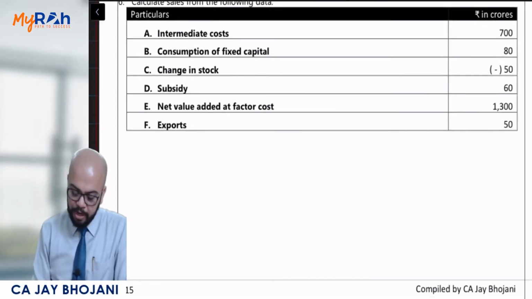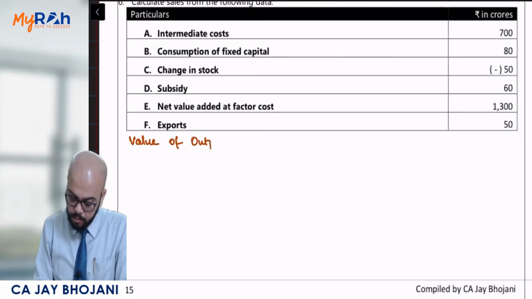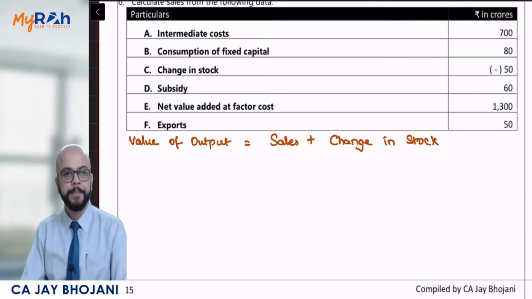Remember, value of output, as we know, is sales plus change in stock. Correct? Value of output is sales plus change in stock.